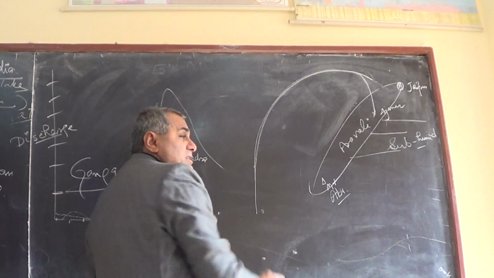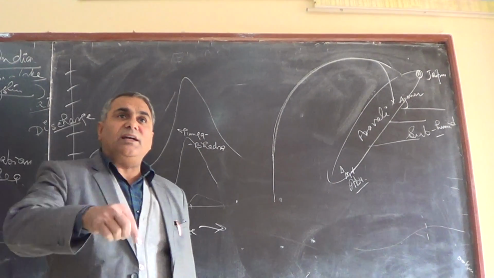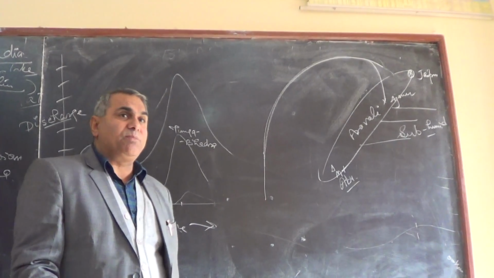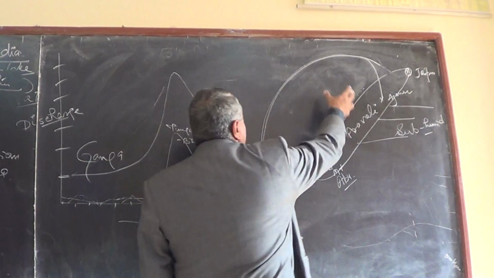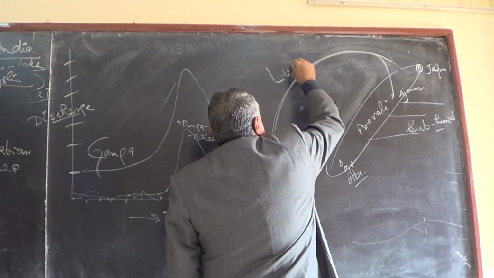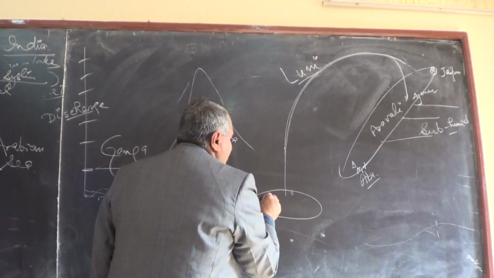Inland drainage means a river which could not reach the sea. So it disappears in the Rann of Kutch. All the salt is transported by this Luni river from here to the Rann of Kutch.